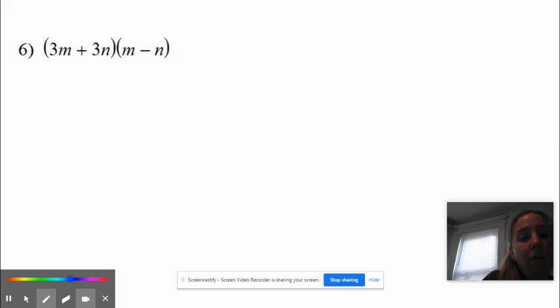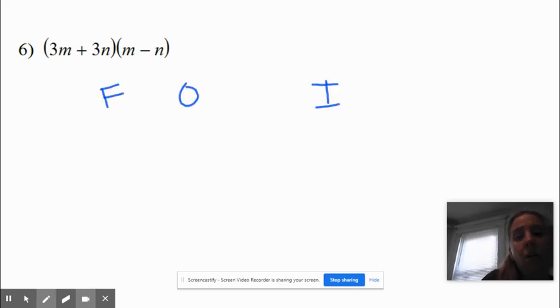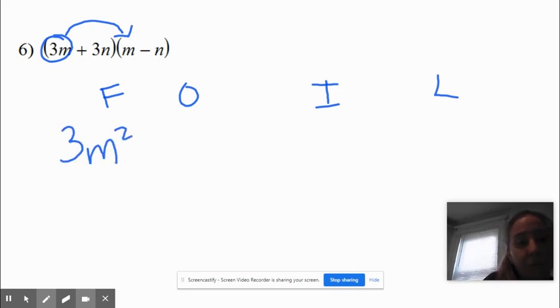Okay, another one. F O I L. 3m times m. 3m times m. M times m is m squared. M times negative, or you could think about it, -1. Positive times negative is negative. M times n is mn.